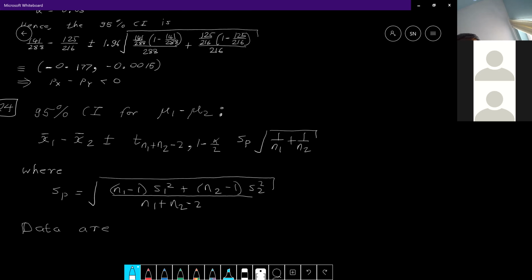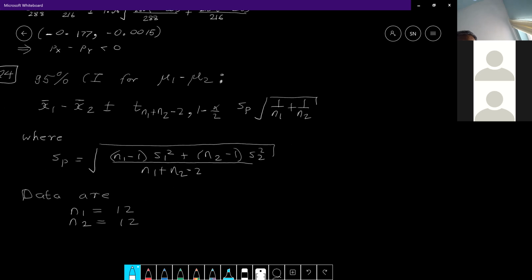We are given that n1 and n2 are 12, and you're also given that x bar 1 is equal to 21.8 and x bar 2 is equal to 18.9.